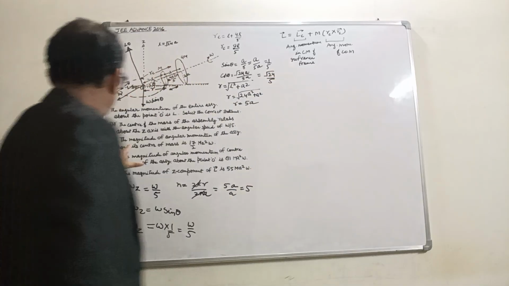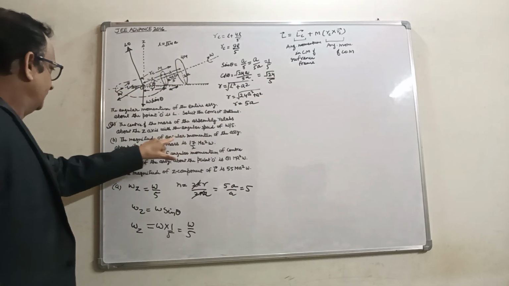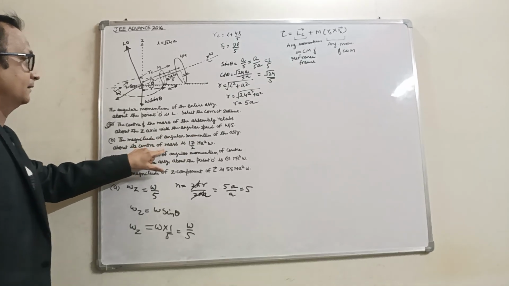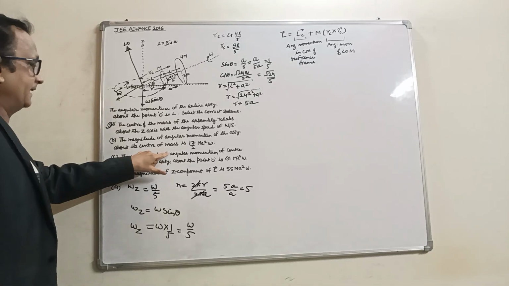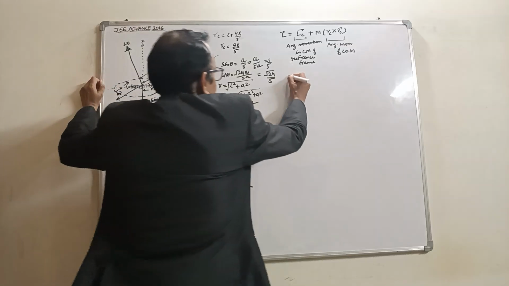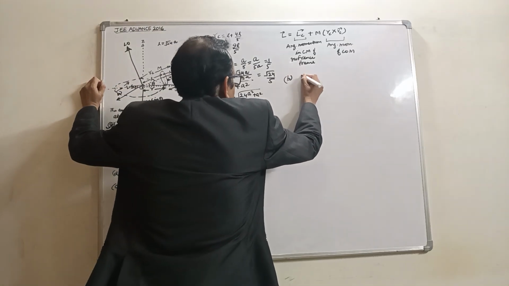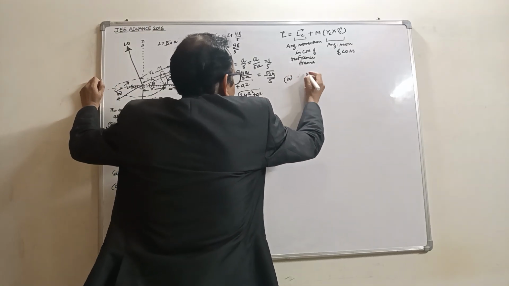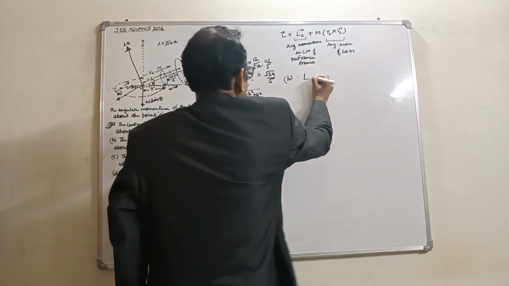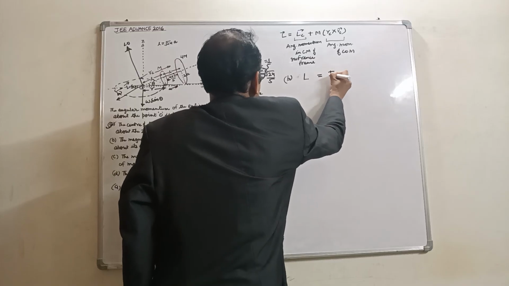So we have to find the angular momentum of the assembly about its center of mass. That would be I into omega.